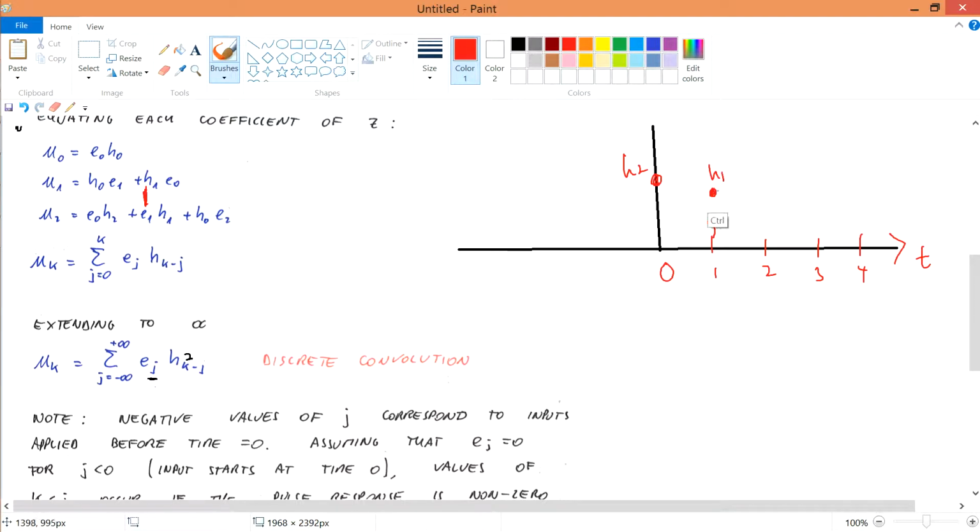It may be here, it may be anywhere. Your h1 can be here, it can be here. But I just want to plot it out. Same thing for e2, your time is equal to 2, your magnitude is 1 because your input is 1, multiplied by h0. So at time 2, you have h0 over here, for example.